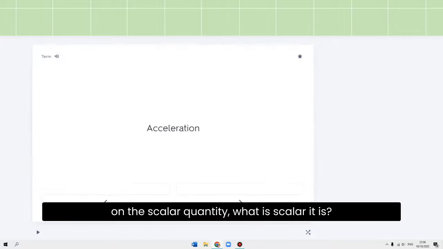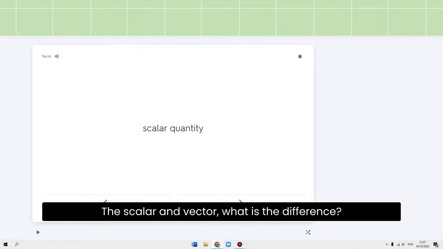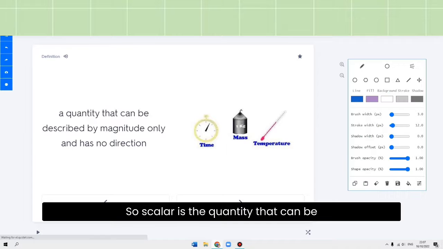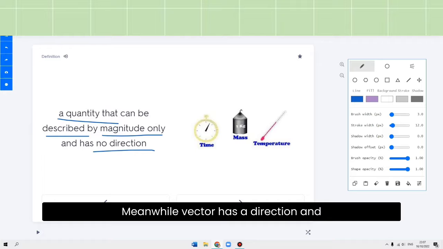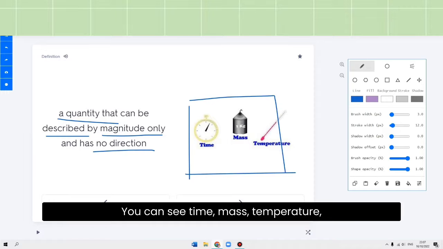Okay, moving on to scalar quantity. There's scalar and there's vector. What is the difference? A scalar is a quantity that can be described by magnitude only and has no direction. Meanwhile, a vector has a direction. In this scalar example, you can see time has no direction, mass too, temperature also.